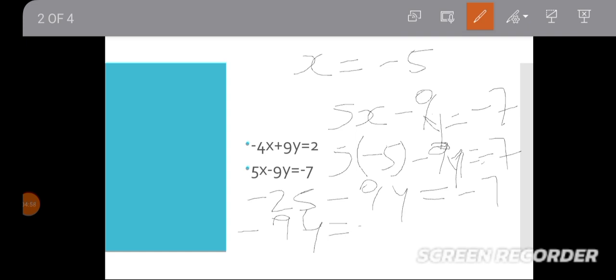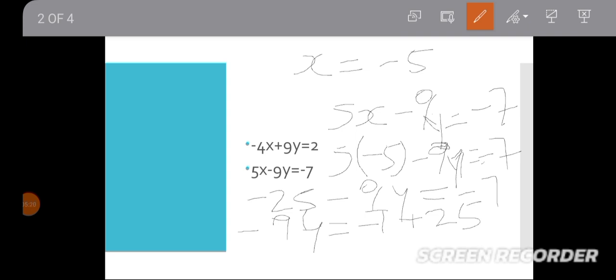We already have a negative 7. Whenever you move the negative 25 over to the right-hand side, the negative changes to a positive, so whenever you move it, the sign changes. So this will be a positive 25.